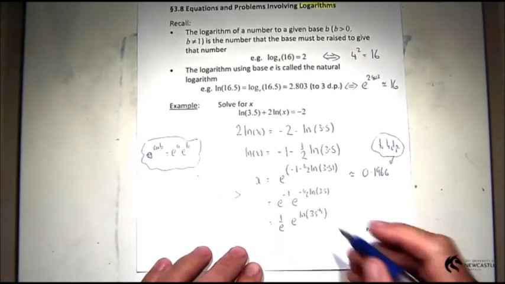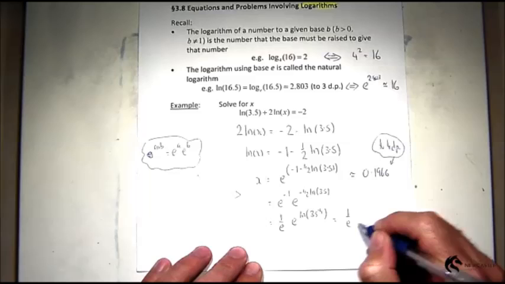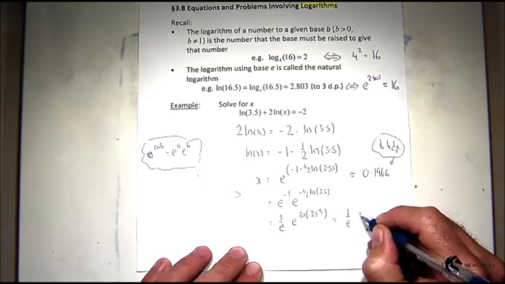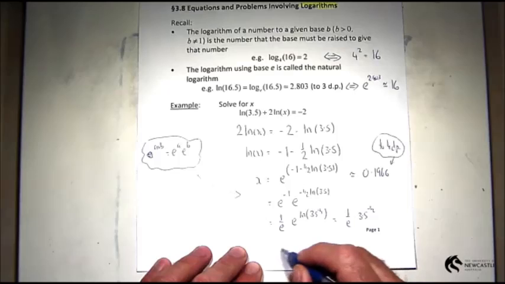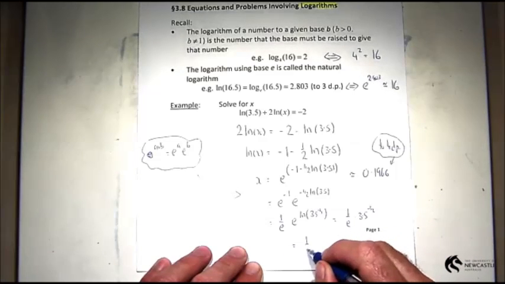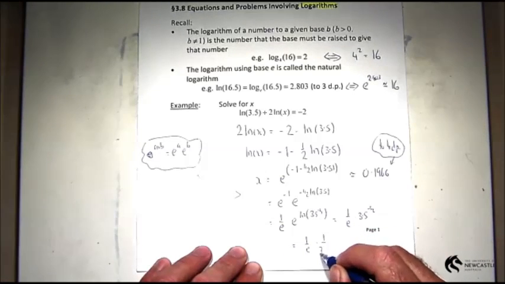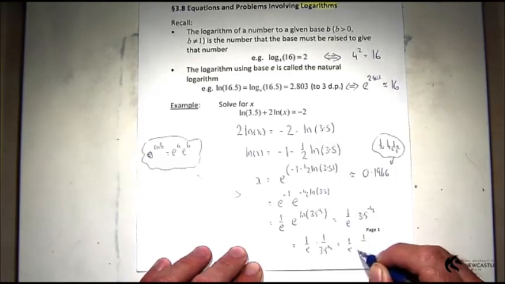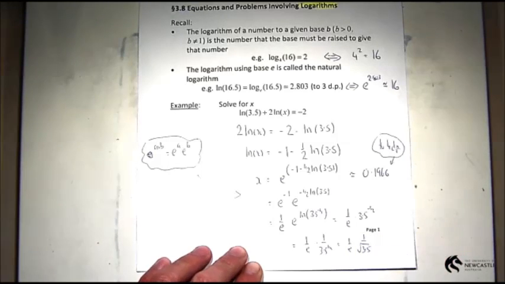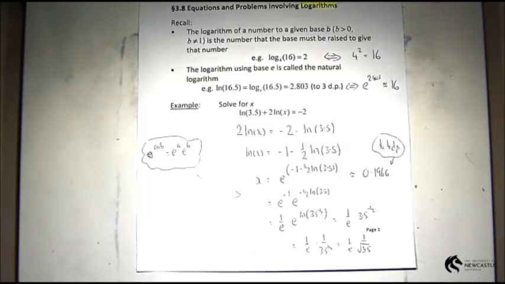So this becomes 1 on e times 3.5 to the minus a half. The minus a half we know is 1 on e times 1 on 3.5 to the half, which is 1 on e times 1 on the square root of 3.5. And now my two answers look very similar. In fact, they look exactly the same.